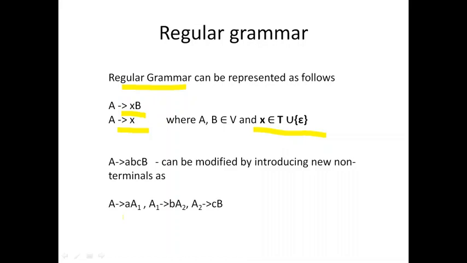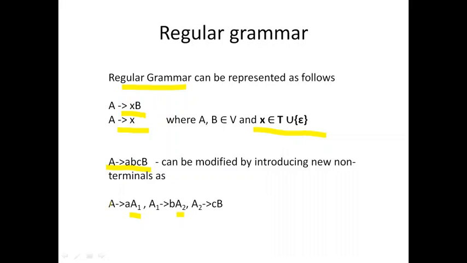Now if you have a production like capital A giving small a, small b, small c, capital B, you can limit the number of terminals to be at most 1 in a given production by introducing some new non-terminals. Here, for this purpose, we will introduce two new non-terminals, A1 and A2.